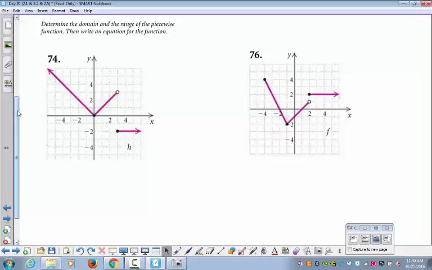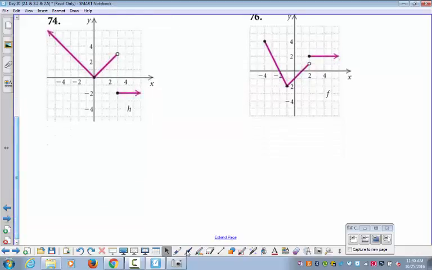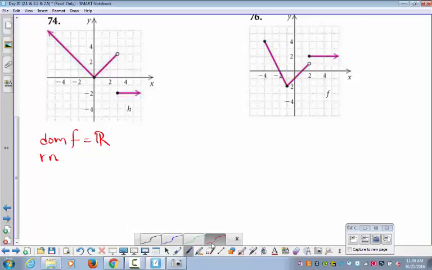Okay, here goes. Domain and range is easy. We're getting good at that. This first one, we definitely see that the domain is all reals. All right, range is always trickier. So range, what's the first part of the range? Yeah, -2 all by itself.